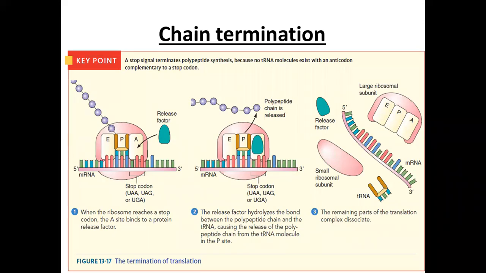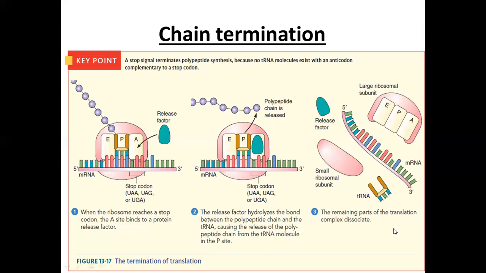So what will happen is that the A site, the amino acid site, will bind to a protein release factor. That release factor will then hydrolyze the bond between the polypeptide chain and the transfer RNA in the P site, which will cause the release of the polypeptide chain from the transfer RNA molecule. So the polypeptide chain is released.